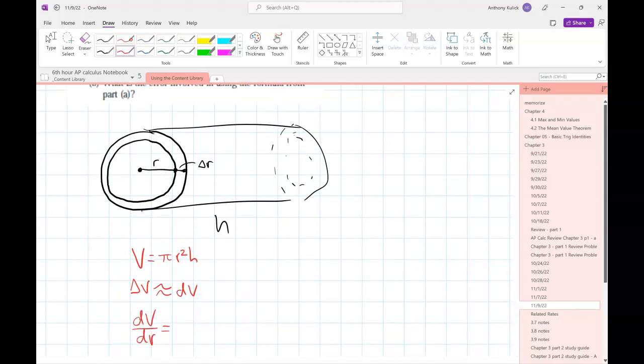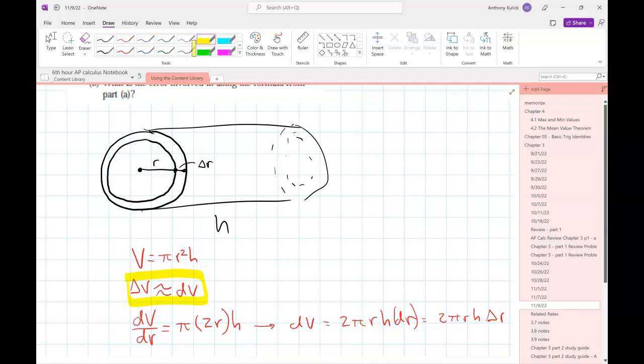So dV/dr is going to be pi times 2r times h. And if we multiply both sides by dr, I have 2 pi r h dr, or really 2 pi r h delta r. Since we're making this approximation, we can just say that dr is the same as delta r.